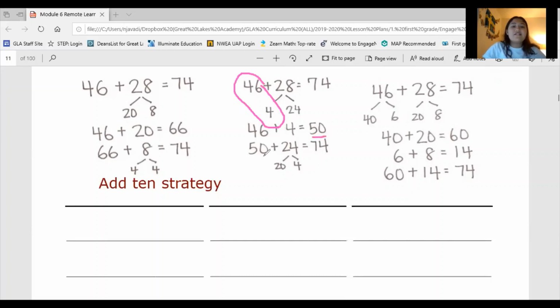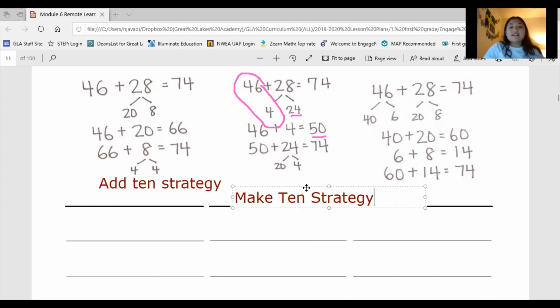Then they added 50 to the other part, which was 24, and they did a little bit of extra breaking up here into tens and ones, and then they added to get the total of 74. Nice job, this scholar. They used the make 10 strategy.